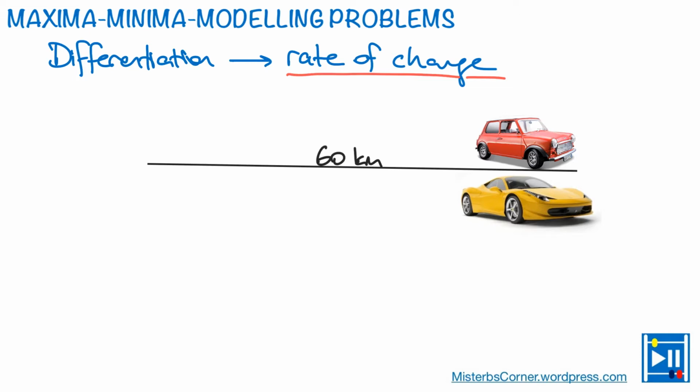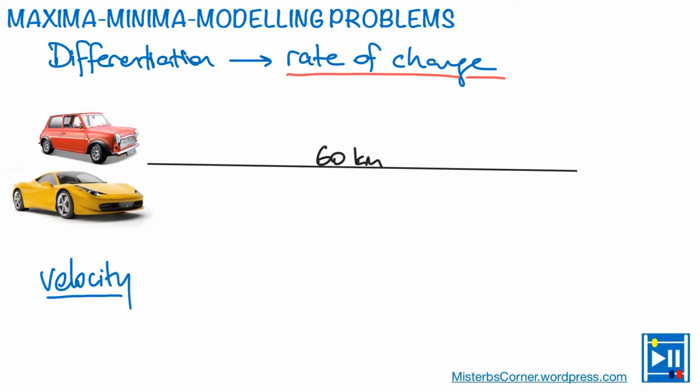And now we're talking about velocity, right? So both cars completed the track, but one of them finished earlier than the other. So actually, we're talking about rate of change here. One of the cars changed its displacement faster than the other.